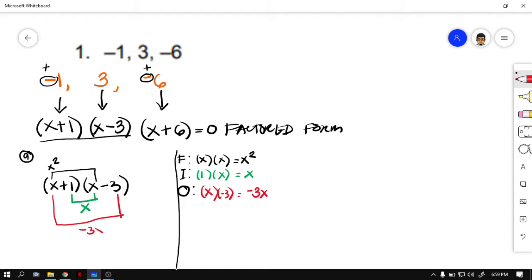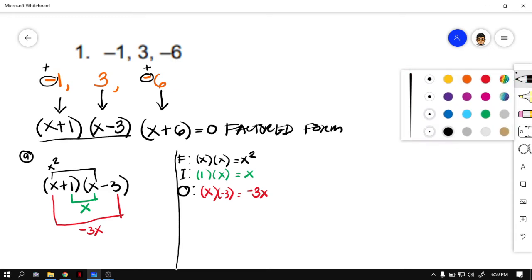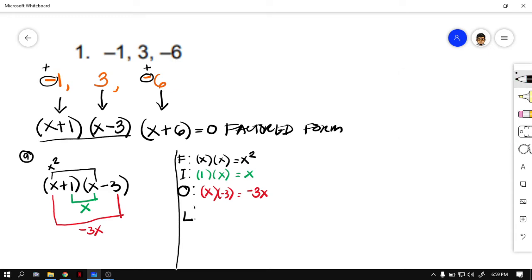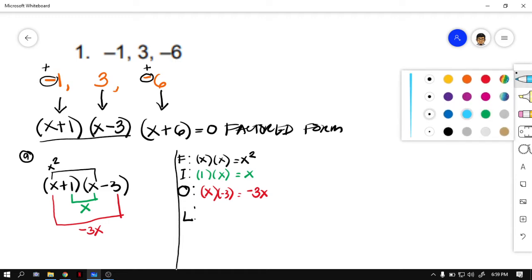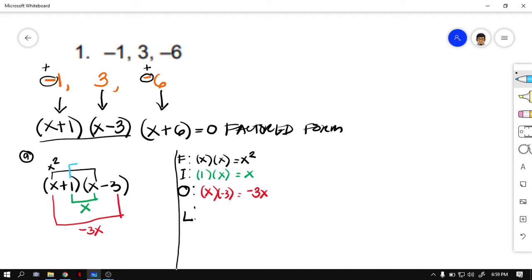And then, we have L for the last terms. So, ano ang last terms natin? We have +1 and -3. So, +1 times -3. Positive times negative is negative. 1 times 3 is 3. So, you have -3.